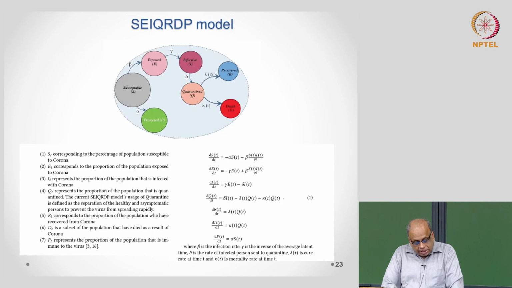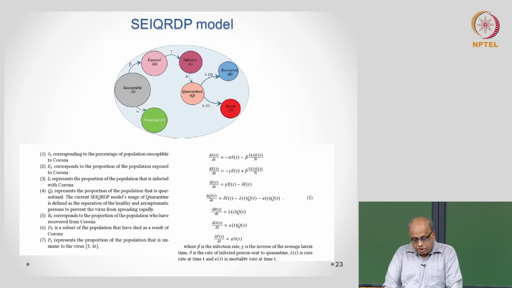S is again the susceptible state, E is the exposed state, then we have the infectious state, and we are assuming in this model that a person who is infected will be immediately quarantined. Okay, so you see that from the infected state, no one is going directly to recovery. They are going into the quarantine state, and from the quarantine state, they are getting into two states.